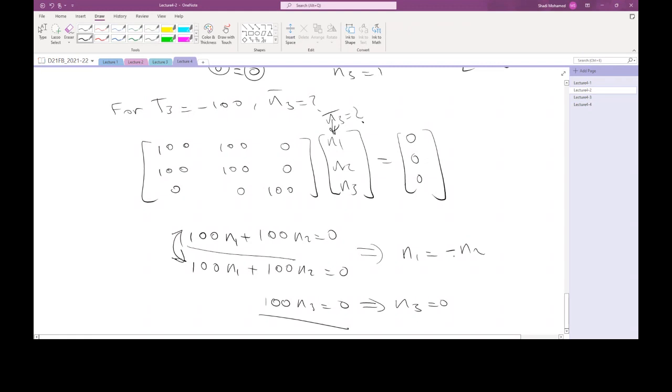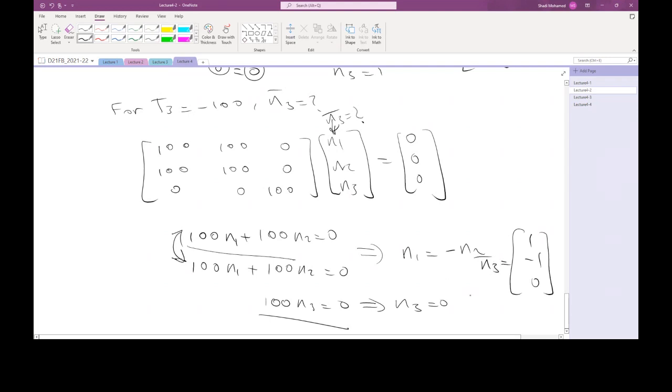So again, I can assume n1 to be 1 and n2 will be minus 1, or just the other way around. It's completely up to you. It's not going to make any difference. Still going to identify the exact same plane. All right, so I'm just going to pick 1, minus 1, and 0 for n3.